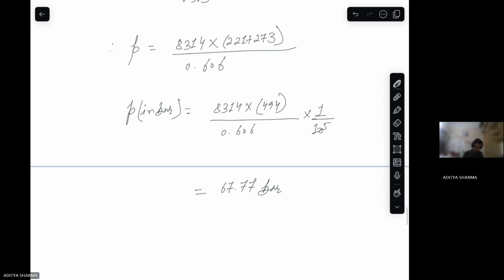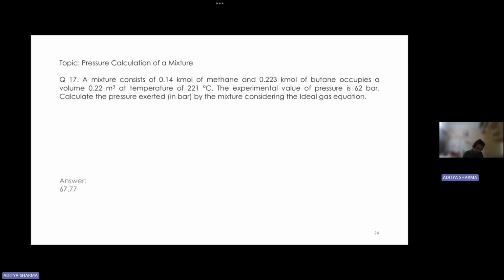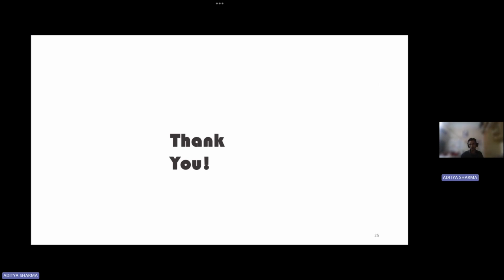So this was your last question of today's session. So I'll conclude the session. This session was on properties of gas mixture.